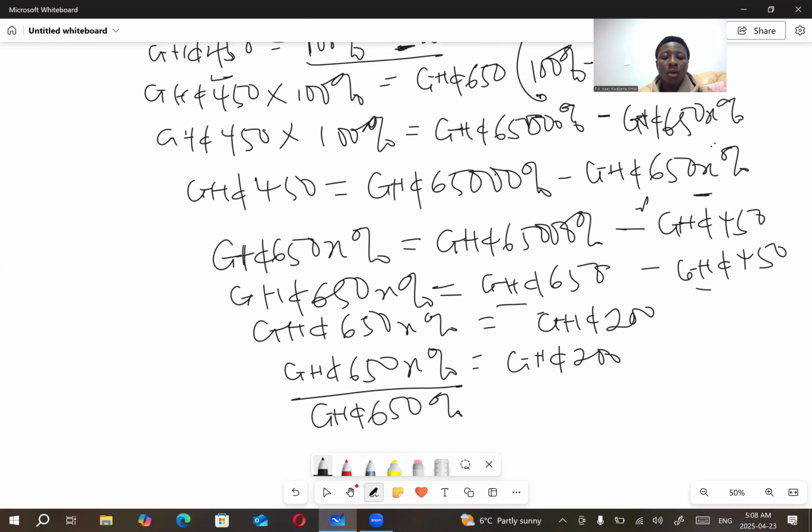No, no. Let's divide by 650. So 650 cancels out. Divide by 650 Ghana cedis, sorry. So we have x in percent equal to, Ghana cedis cancels out, 200 over 650.